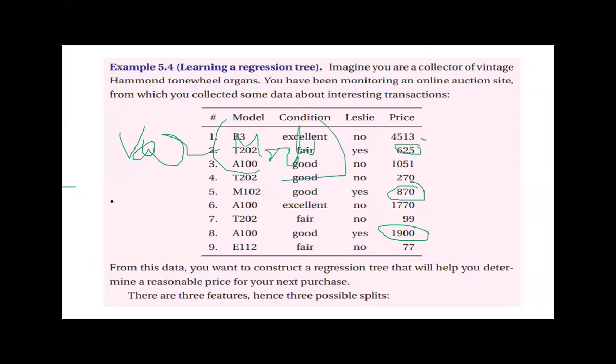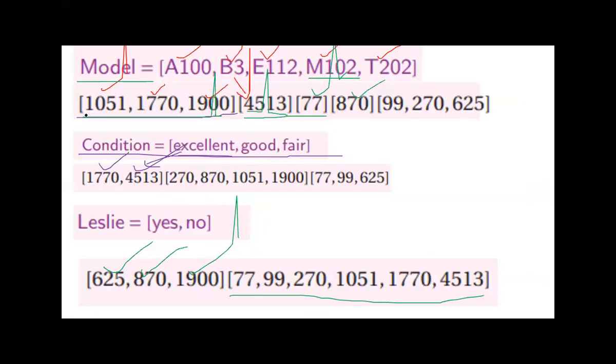If you take model into consideration, we have five values. For each value we have to calculate the mean.